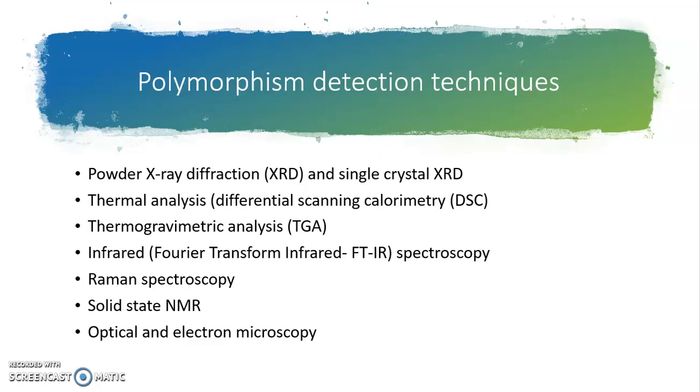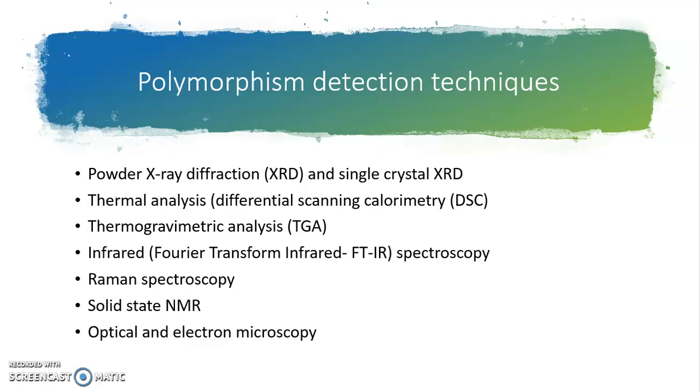Single crystal X-ray, here we need to isolate a single crystal, and the diffraction pattern gives us information about the different molecular groups or the particle positions in the crystal lattice structures.